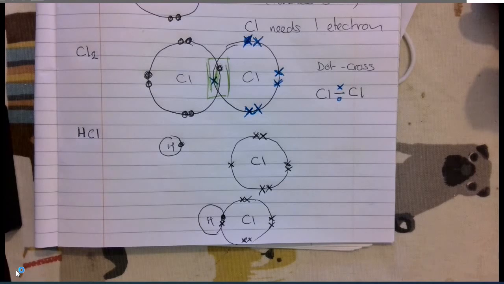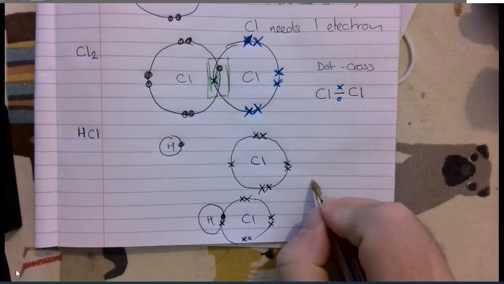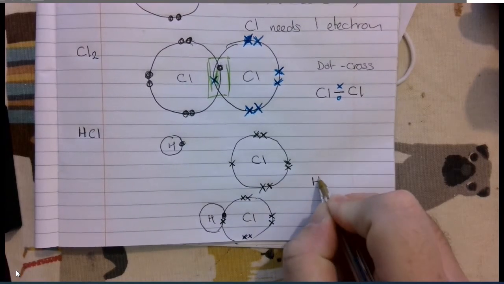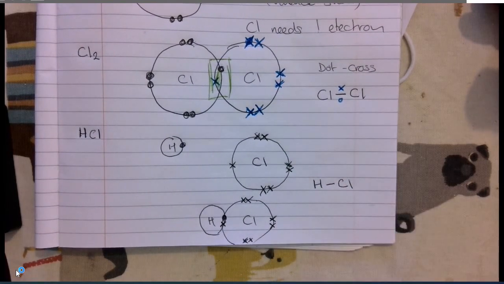Okay, so whenever you see that line, remember it's a pair of electrons and we're using the line. So this one would be HCl, like that, but the line represents a pair of electrons.